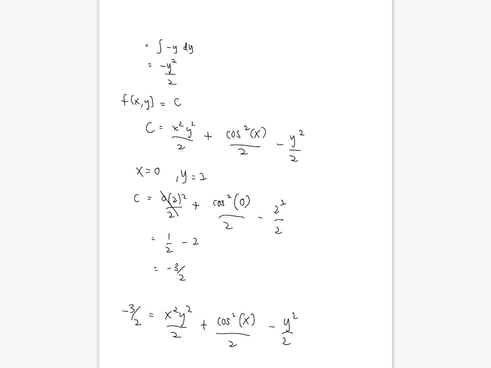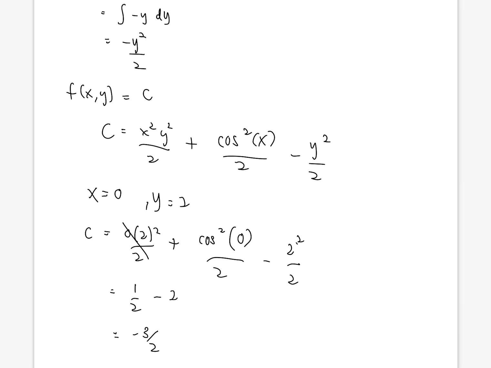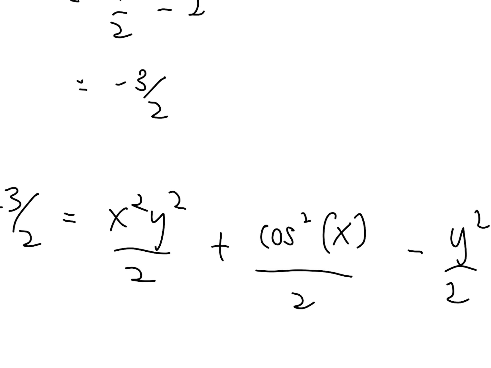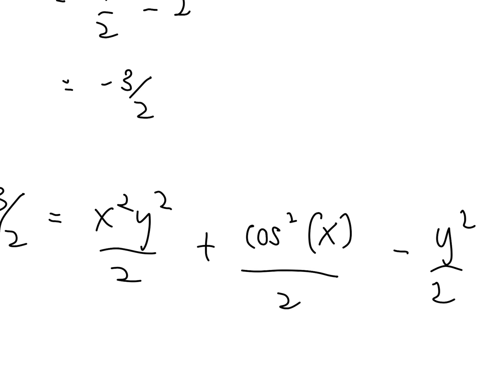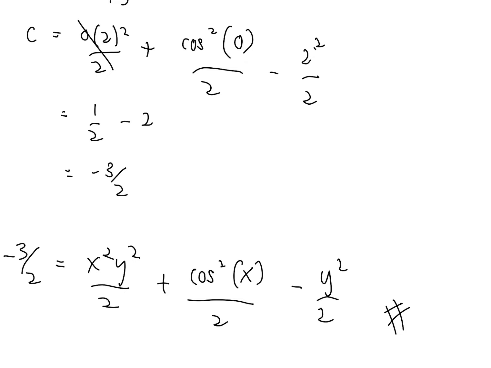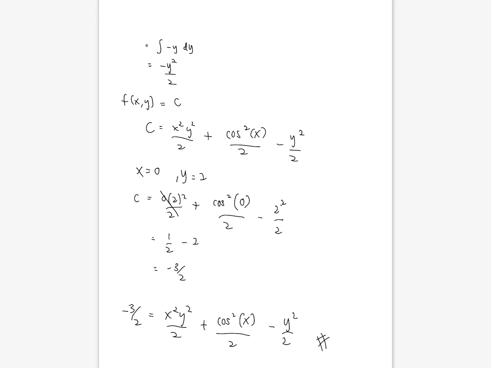Alright, so this is our answer. Because everything is over 2, you can simplify by multiplying by 2.